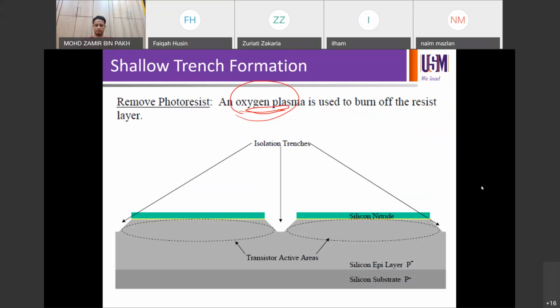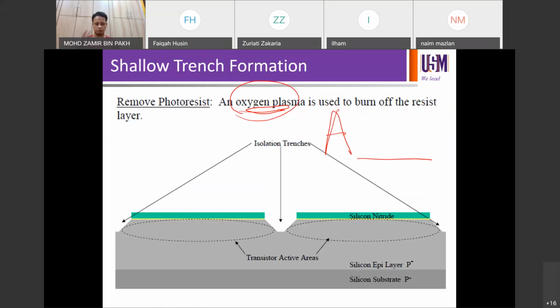What's the process name? It starts with the letter A. I already gave the hint. So what's the name? During etching, it starts with the letter A.